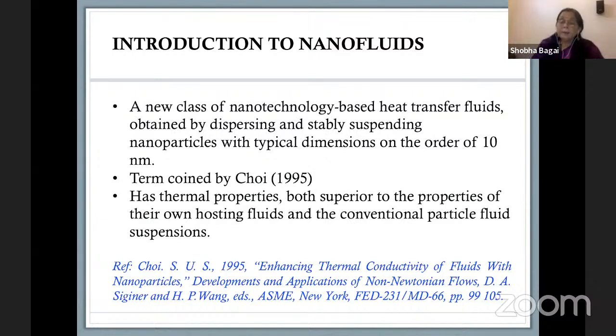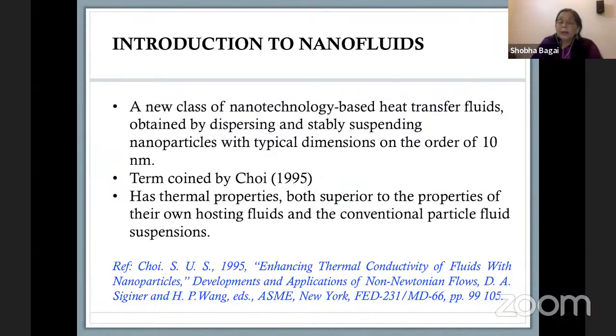He proposed a theoretical model: let's revive the theory proposed by Maxwell, but instead of using a mixture which has microparticles, why not introduce nanoparticles into the fluid? He termed this terminology nanofluids.